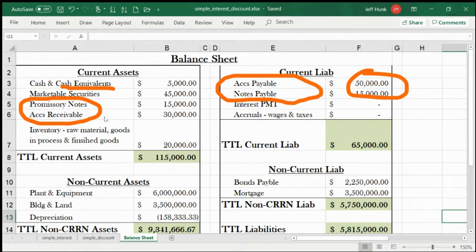So we can easily understand, because from the semantics of the words, anybody can understand what accounts receivable implies, right? But that's just a concept. What is the proof? What proves that you have a claim to money that they owe you?